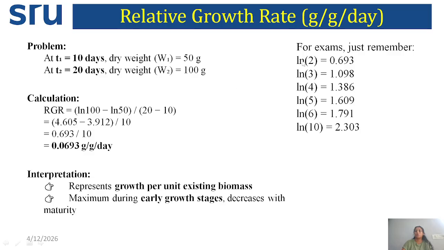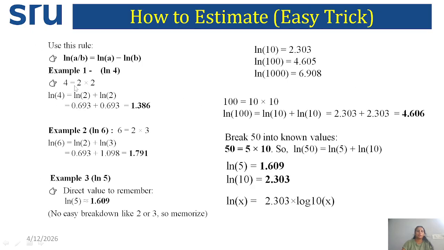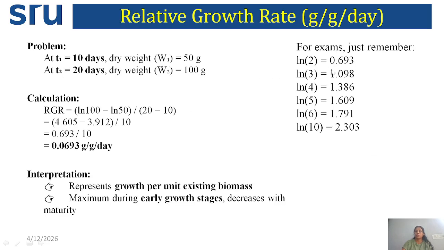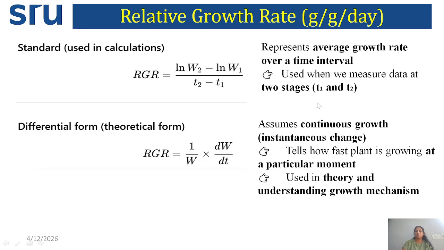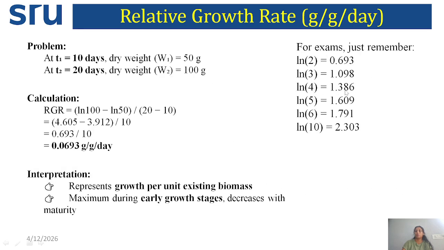Why I mentioned only the 2, 3, 10 and 5 values: for example, you want to measure ln 4. So ln 4 we can write as 2 into 2. Multiplying means addition, so ln 2 plus ln 2. So 0.693 plus 0.693, we will get 1.386. So the ln 4 value is 1.386.